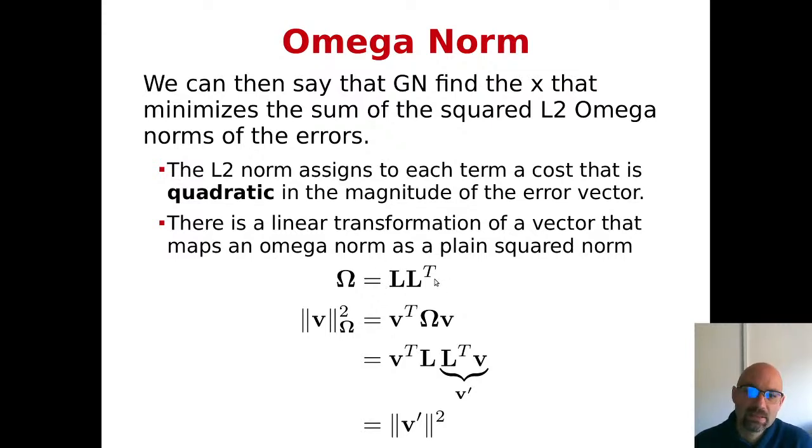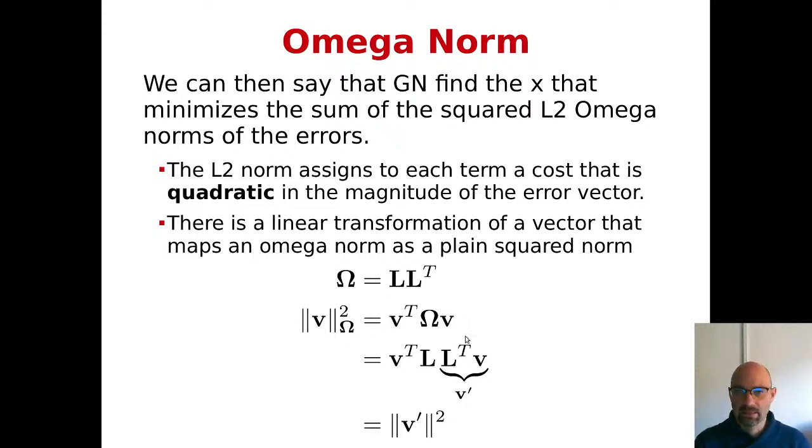This L matrix constitutes a mapping between the pure error space and the error space normalized by omega. If you take your error and multiply it by L, L projects this error into a space that absorbs the contribution of the information matrix omega. In the end this is purely a linear transform of the object.